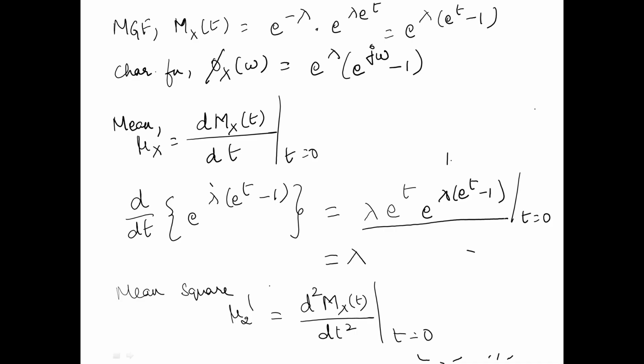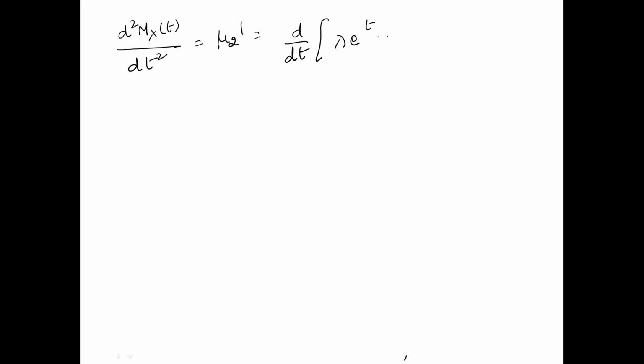So we're going to differentiate that and then substitute the value of t as 0. It's going to be d by dt of lambda e power t times e power lambda times e power t minus 1. Right? This is how we differentiate it.